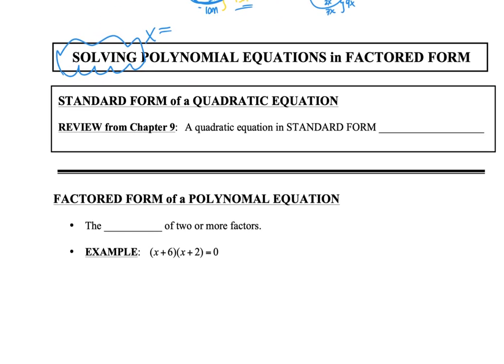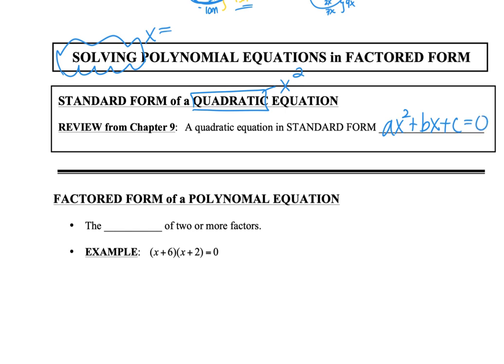So we did talk about standard form of a quadratic equation last chapter, in chapter 9. And a quadratic equation, if you remember, really means x squared. And my standard form is written as ax squared plus bx plus c is equal to 0.